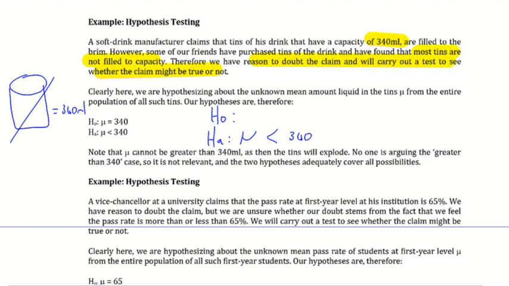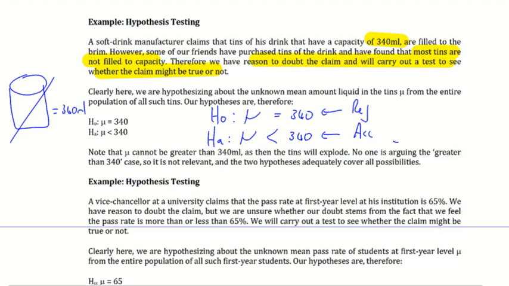H0, which is the null, is that the mean amount of drink in each one is, as he says, equal to 340 mils. I'm going to try and reject the null that the drink has got 340 mils in it, to enable me to accept the fact that it's got less than 340 mils in it. Is everybody comfortable with that? Does that make sense?